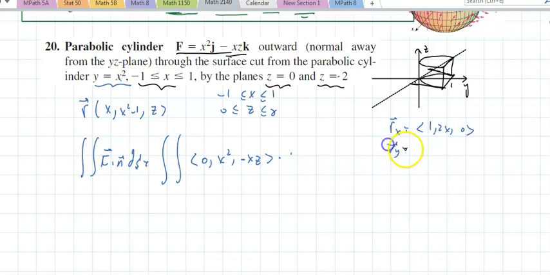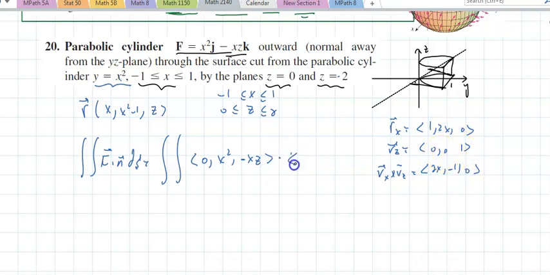r sub y is r sub z, so stuck on x and y. That is 0, 0, 1. And if I take r sub x crossed with r sub z, I'll get a vector. And what is that vector? That is 2x, -1, and a 0.